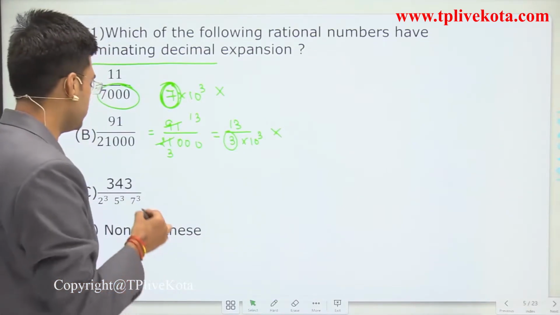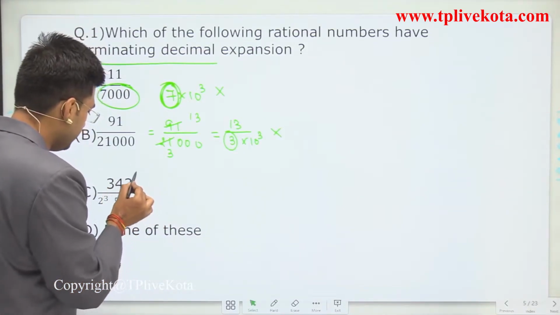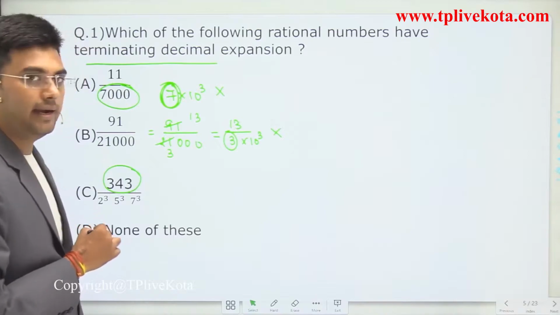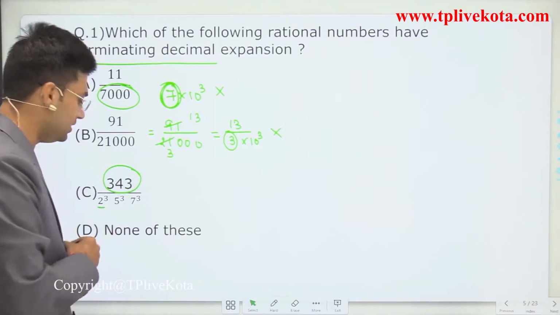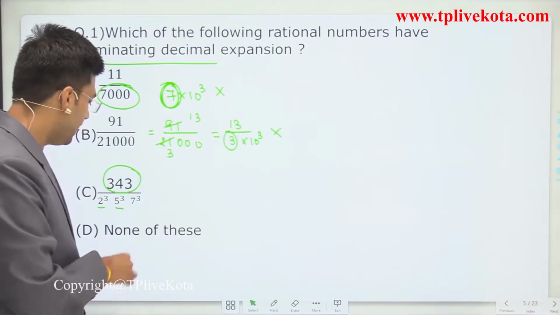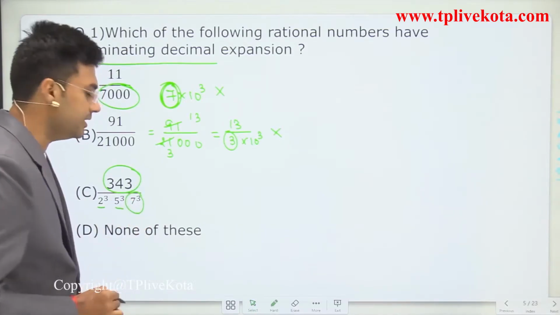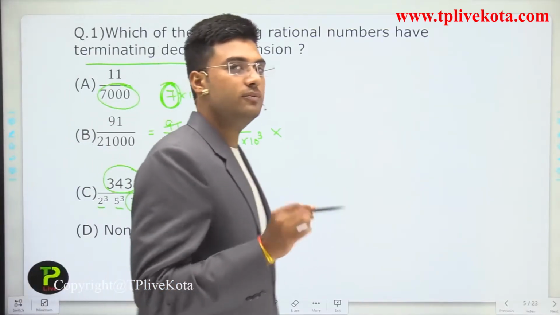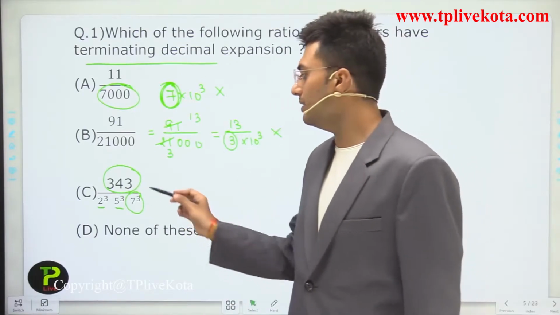Now come to the next option. Dear students, here we have 343, and in the denominator we have 2 power 3, 5 power 3 and 7 power 3. Dear students, the value of 7 power 3 is nothing but 343.